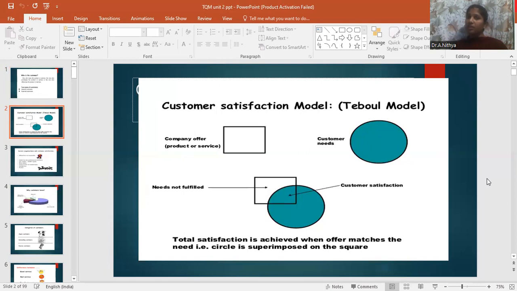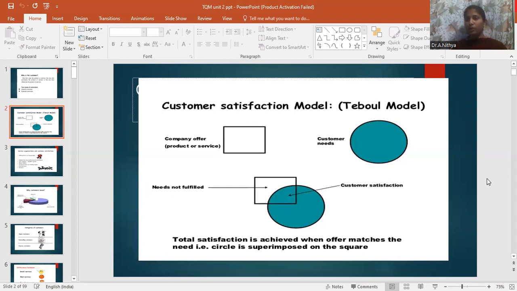To achieve this customer satisfaction, we can apply this table model. Here, this rectangle represents the company offer, and this circle represents customer needs. You can see the needs. Most of the needs are not fulfilled by the company. Similarly, customer satisfaction is also very less.